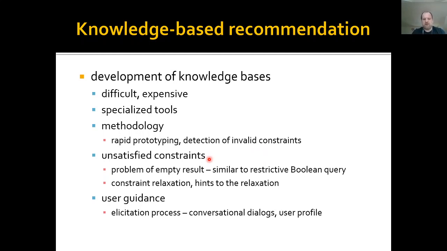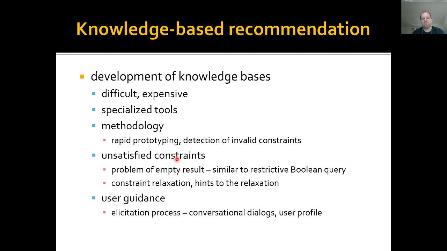We can have the problem of unsatisfied constraints, and this is really similar to the Boolean query of text retrieval. We have experienced zero results when we put in too restrictive a Boolean query. If we AND everything, then we really cut the candidates to an empty set. So we have the same here.